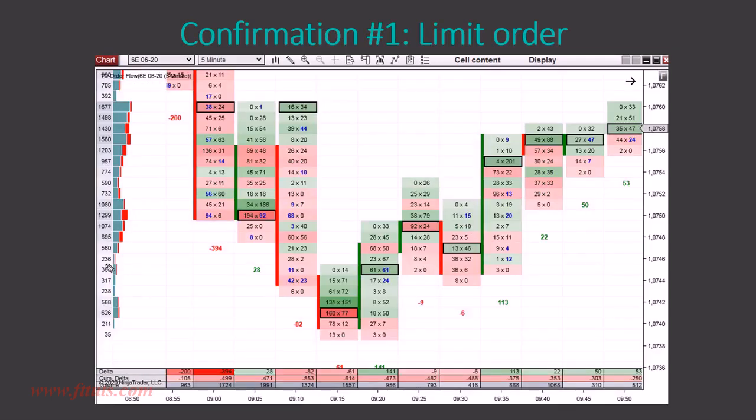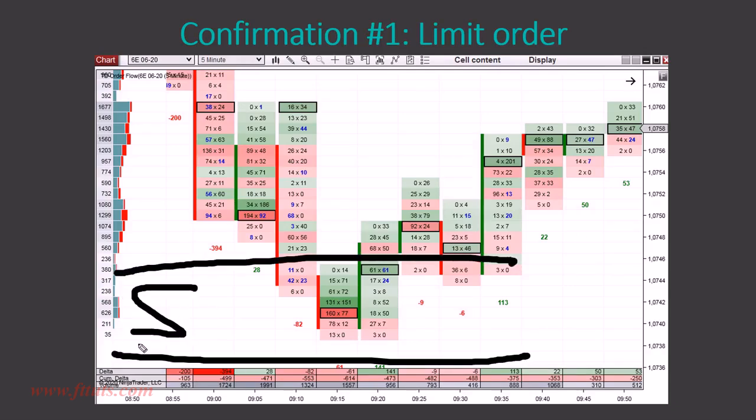Another example, let's say that there was a support area in here, somewhere in here, and you're waiting for some big number to appear on the bid. Because if a big number appears on bid, that means that there was some buyer waiting until the price reaches his limit order. This is the big number you are waiting for, 160 contracts.